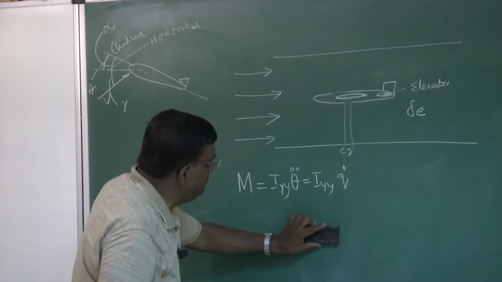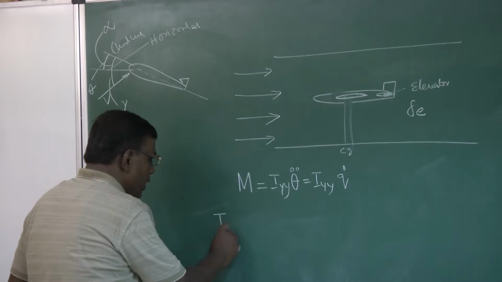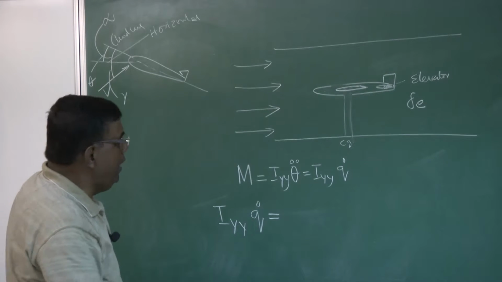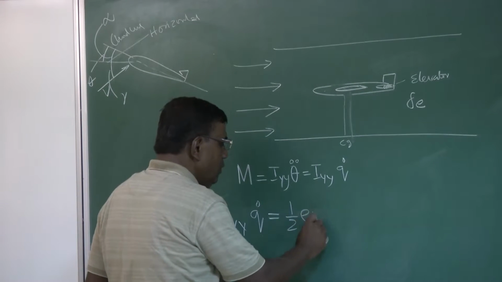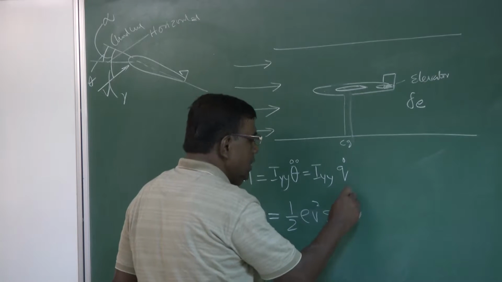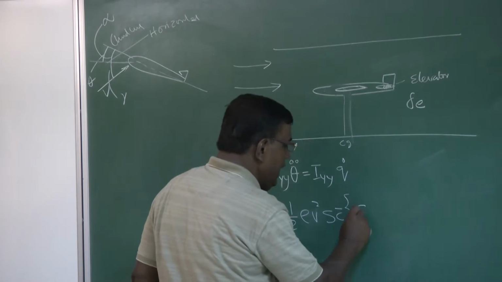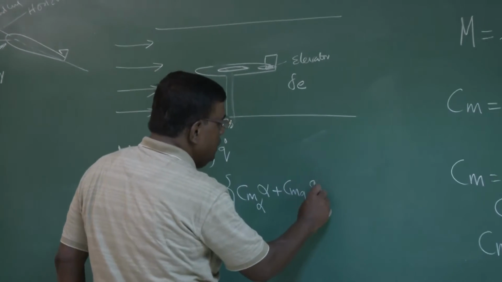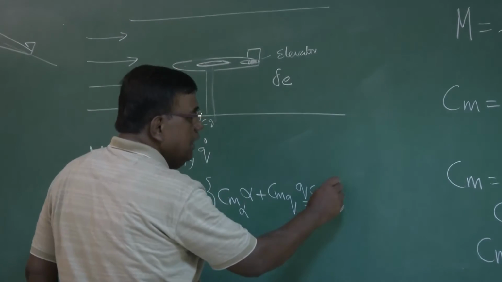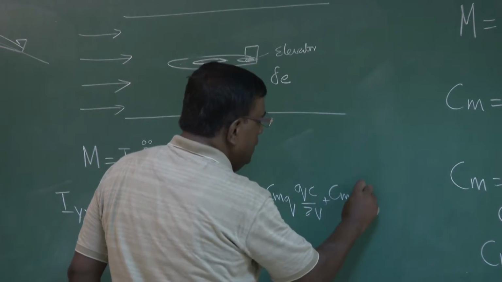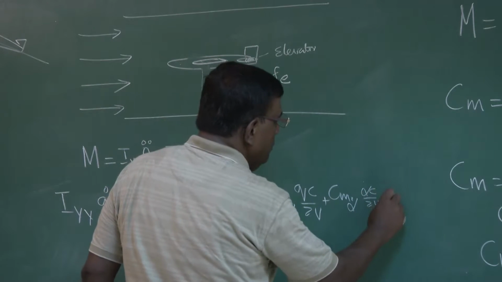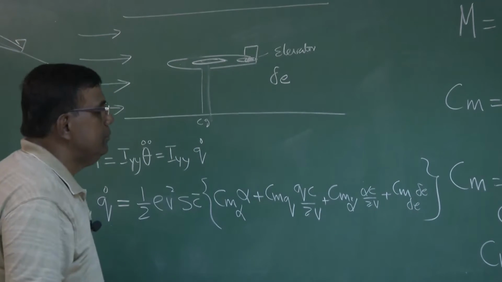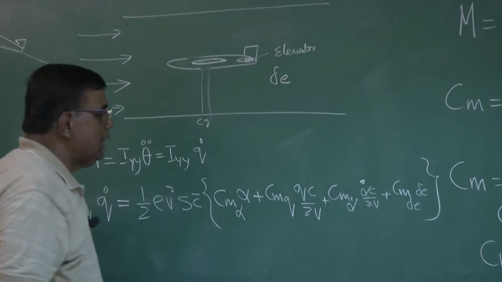So what do I do now? I write Iyy q dot equal to moment. Moment will be half rho v square S c bar into Cm. For Cm I write Cm alpha into alpha plus Cmq into Qc by 2v plus Cm alpha dot into alpha dot c by 2v plus Cm delta E into delta E. Correct?